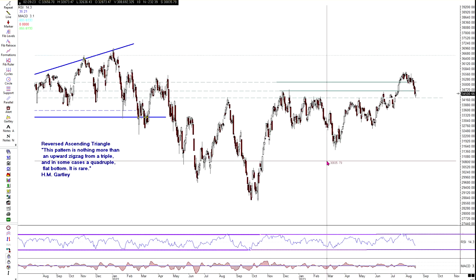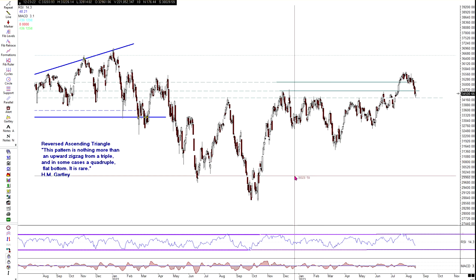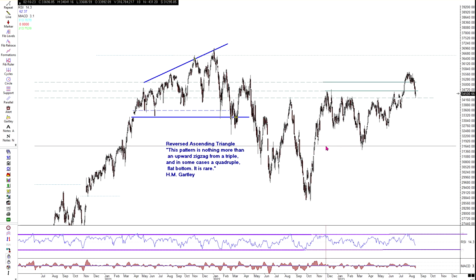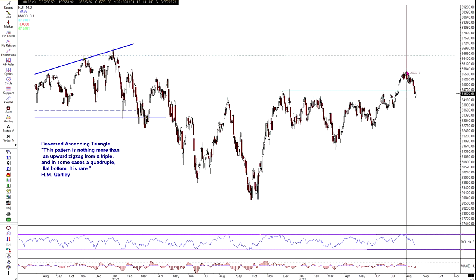So let's take a look at the Dow Jones Industrial now. I am on a daily chart. There had been a lot of chop back and forth with the Dow for quite a long time. It got above this resistance level but ran into more resistance.